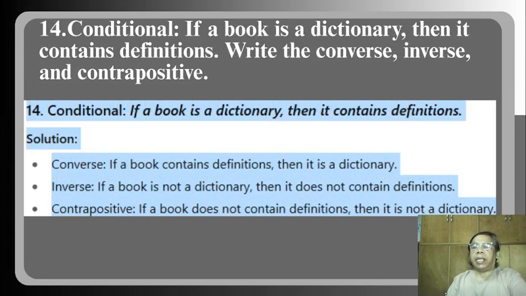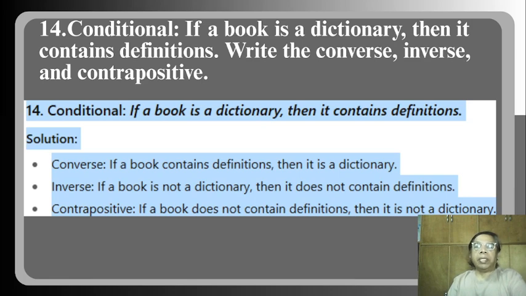Number 14. Our conditional proposition: if a book is a dictionary, then it contains definitions. The converse of that is, if a book contains definitions, then it is a dictionary.